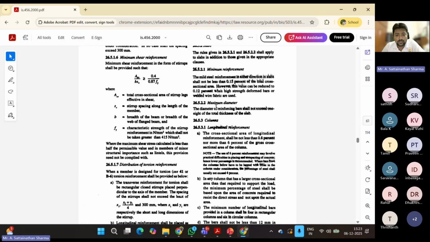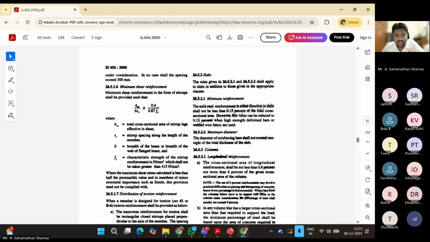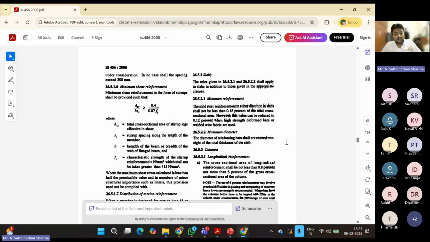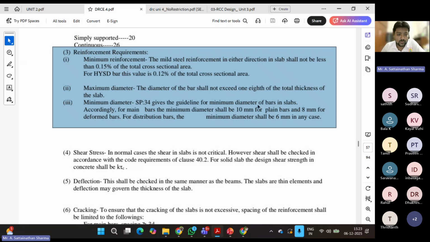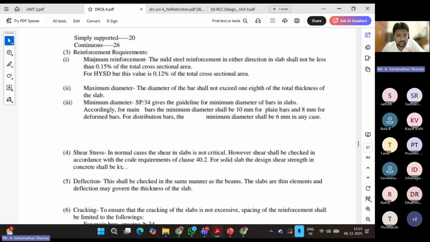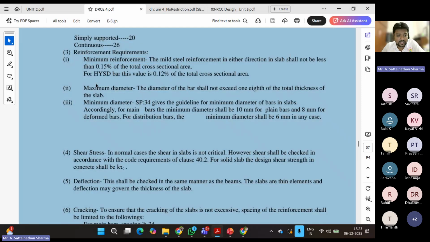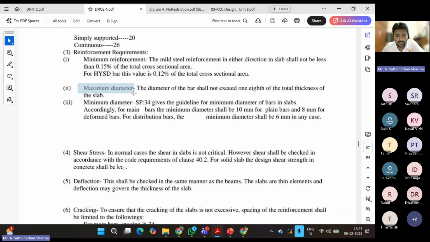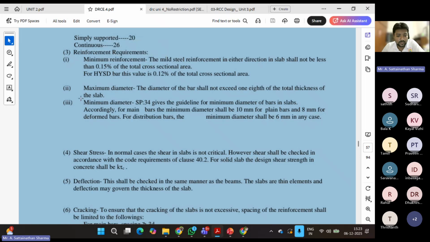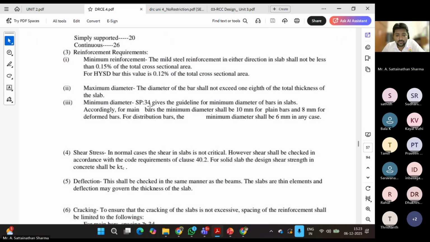Here they have given the necessary conditions for reinforcement: what is the minimum reinforcement, what is the maximum diameter, and what is the minimum diameter to be given for the slab.